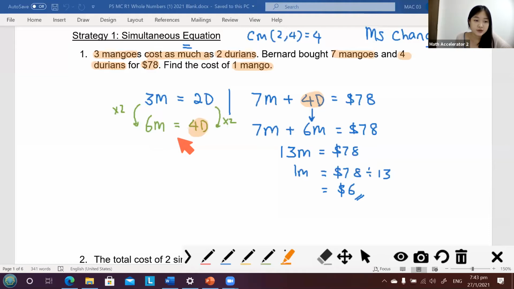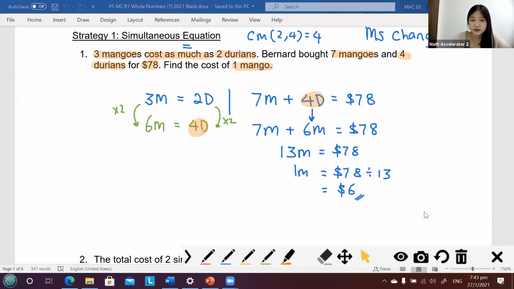So 6m equals 4d means if you use the amount of money to buy 6 mangoes, you can also use the same amount of money to buy 4 durians. That's what it means. After you cancel it out, things get easier.